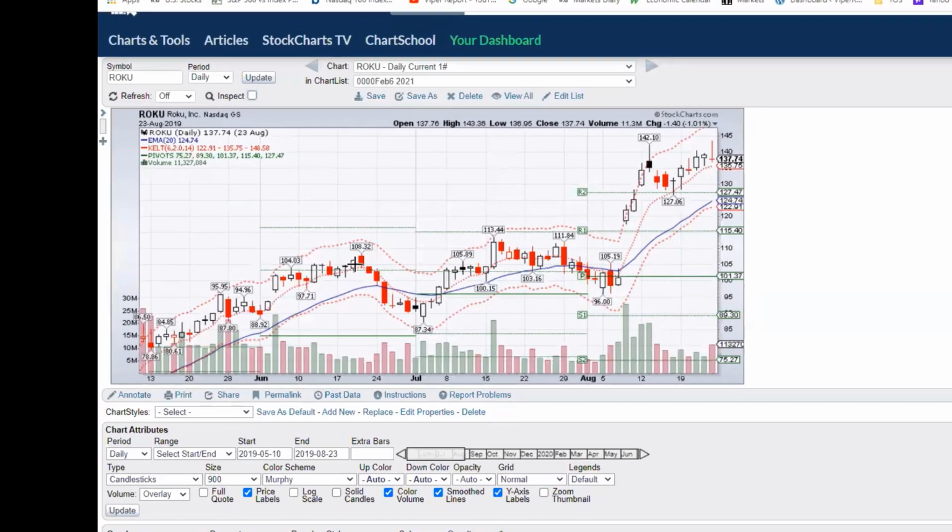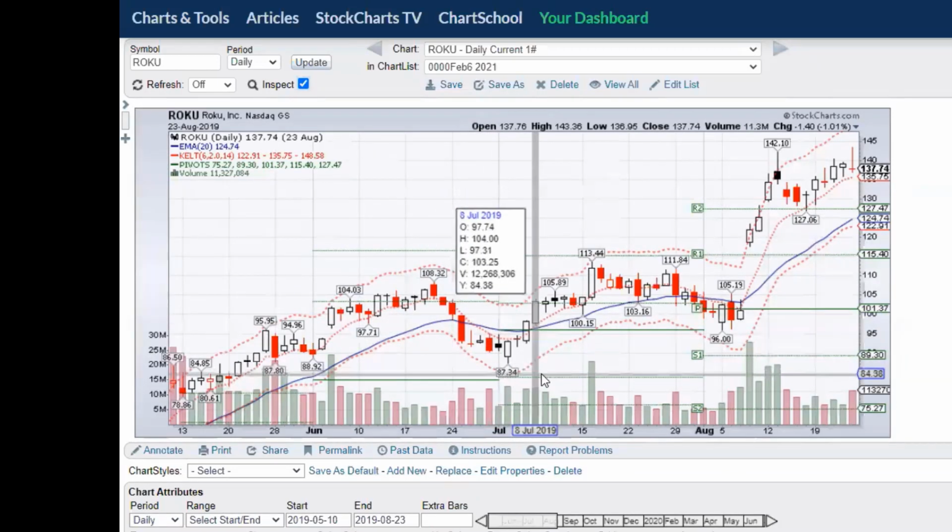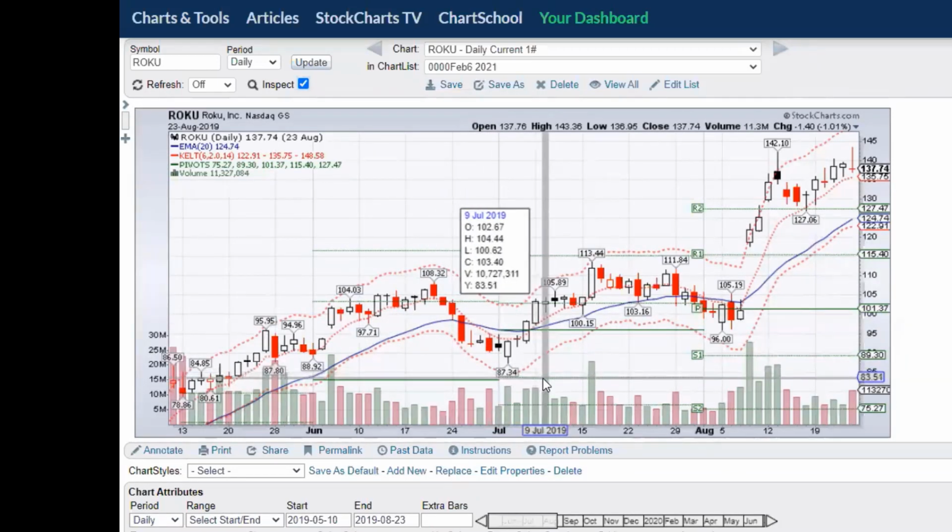We had a really nice run in Roku. We got above the R1 here. Okay, here's the pivot. Above the R1, came down, the start of the next month. We held above the S1 here at a low of 87.24, and that low S was probably 83.